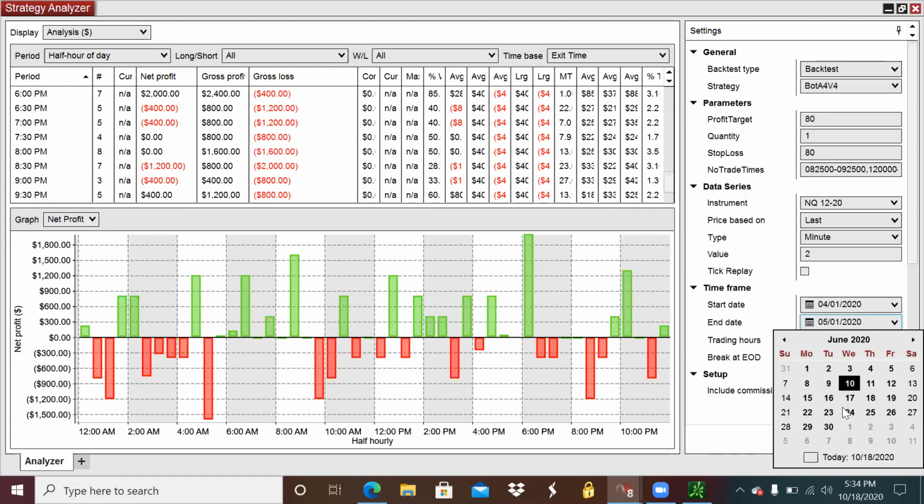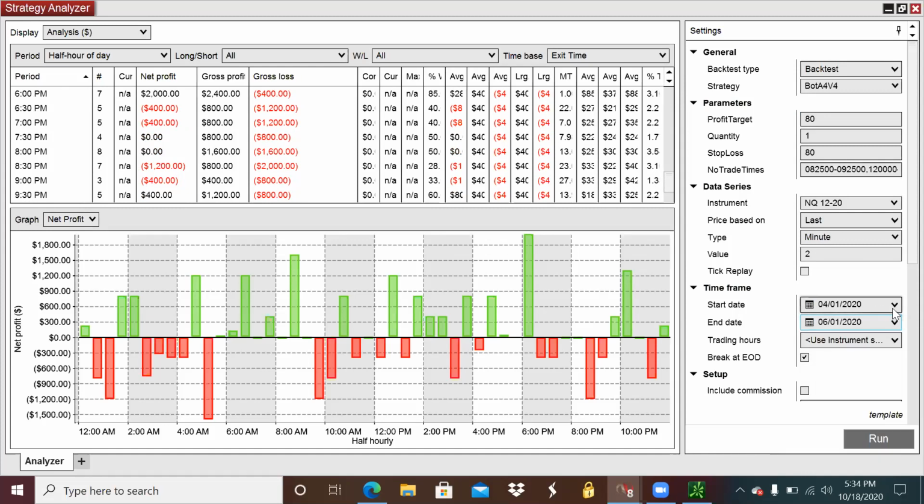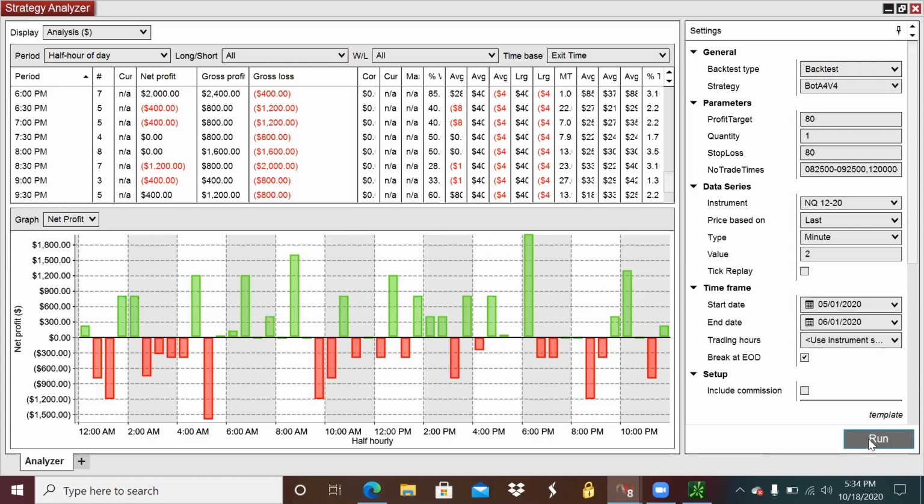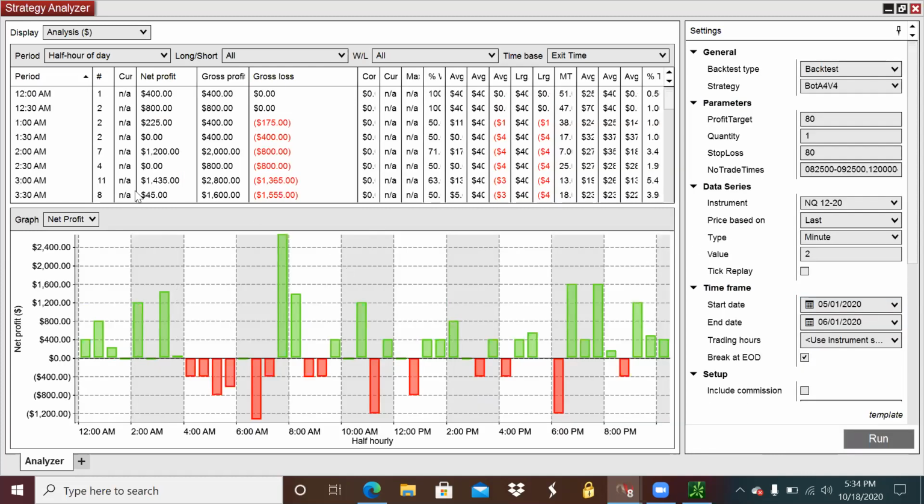So that would be June and May. So 80, since this time we're not really losing money around that. And that's what I want to capture.